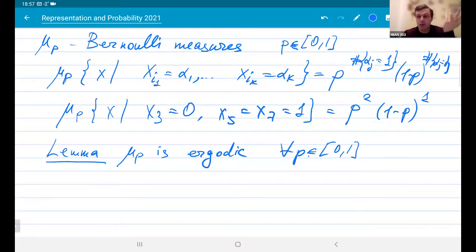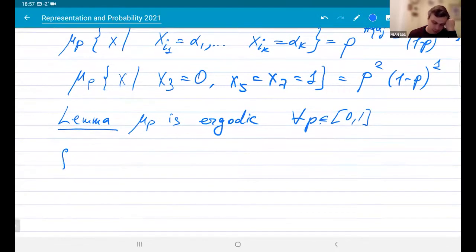And what can then be said? So now let us apply the ergodic theorem to this mu_p. What will we have? So we take some function f.